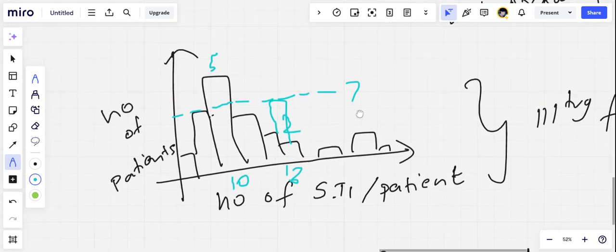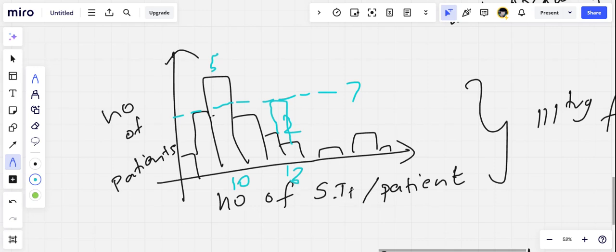Let's say this is the number of sagittal scan images for each patient. Let's say 5 patients had 10 sagittal scans taken for them. So this 10 will be 5. If you want to find how many patients had 13 sagittal scans taken for them, the count is 2. So from this we can observe most patients have around 7 scans or so.